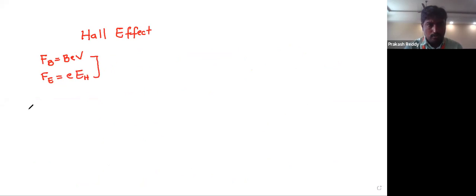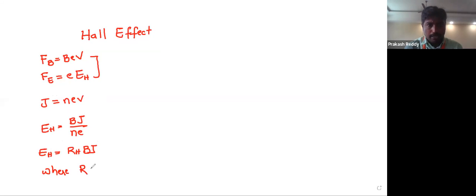By equating these two and taking the current density equation J equals N into V into E, I derive the equation for EH: EH equals Bj by N into E. Here I take RH equals 1 by N into E. Similarly, EH equals RH into B into J, where RH equals 1 by N into E. This is called the Hall coefficient.